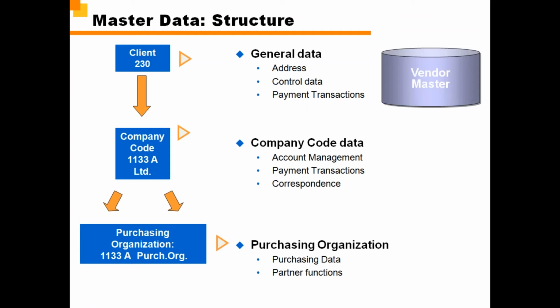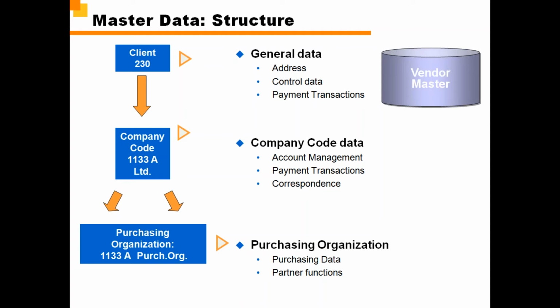We may be asked for the address control and payment transaction under general data, and likewise for the company code data we may ask for account management, payment transaction, and correspondence. Under these options, further you will be given the fields in which you need to maintain the entry.